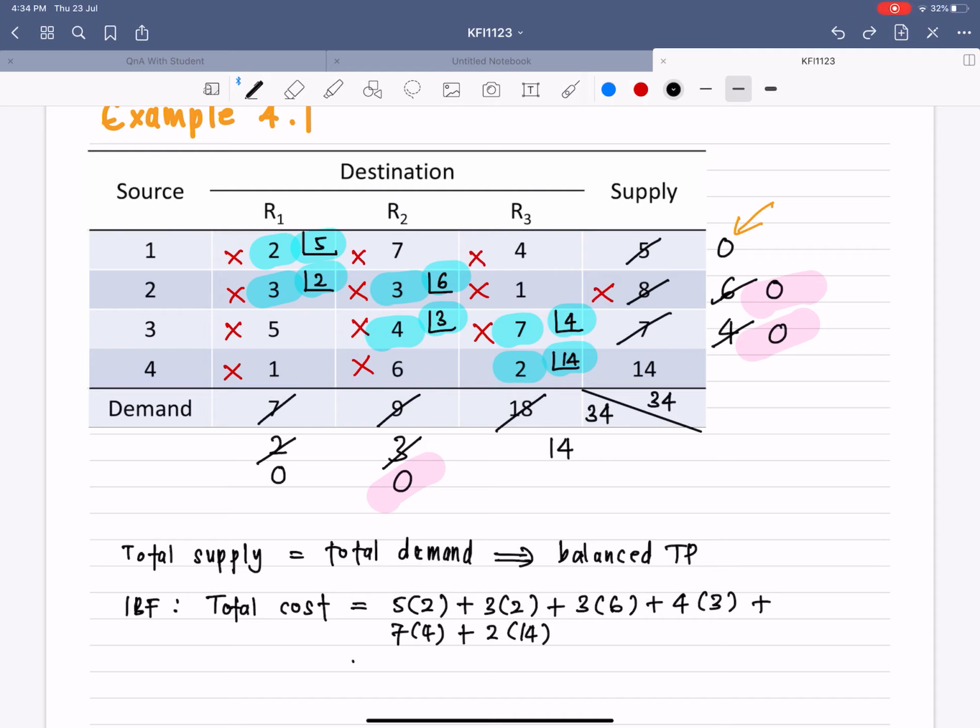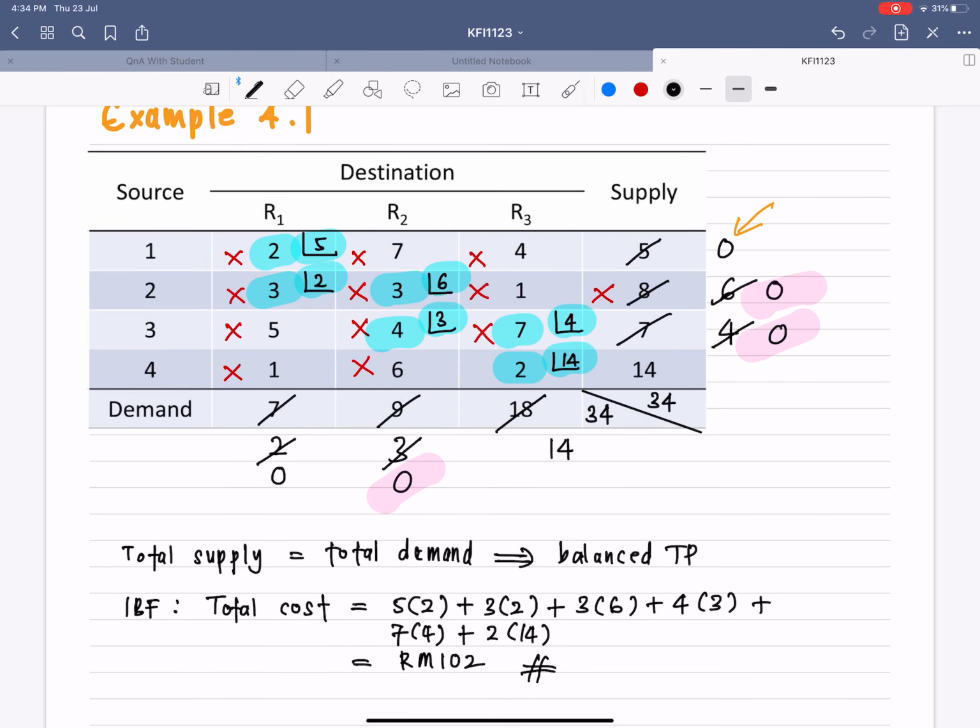Where this is equal to RM102. All right. So this is the answer for the initial basic feasible solution, which is the total cost that we want in this case.